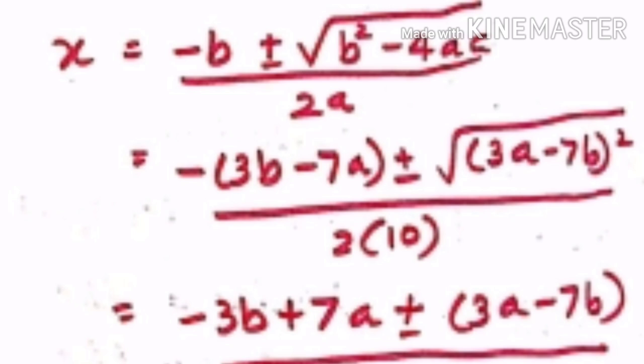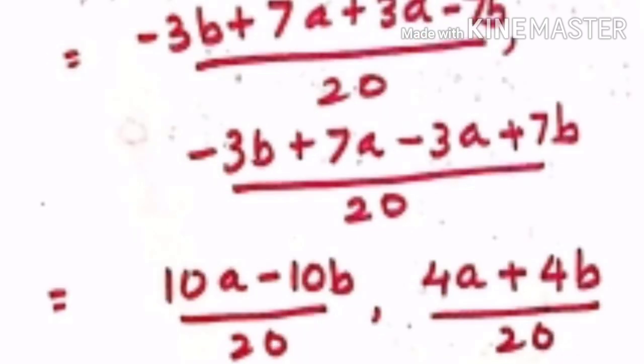So 3a minus 7b upon 20. So next is minus 3b plus 7a minus 3a plus 7b upon 20. So 10a minus 10b upon 20, and 4a plus 4b upon 20.